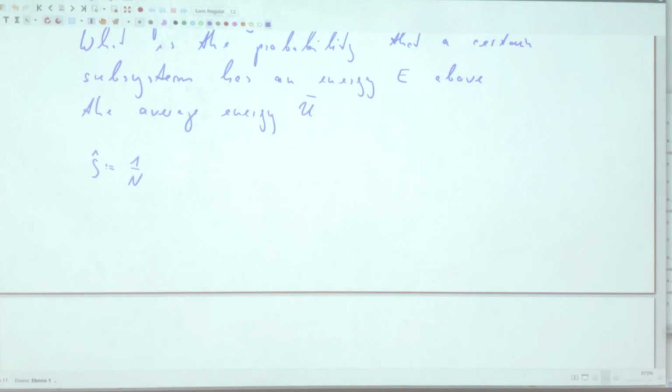In principle, of course, it's more general, but for our purpose, it's just the single atoms. This entropy has to be maximized in a closed system under certain conditions.